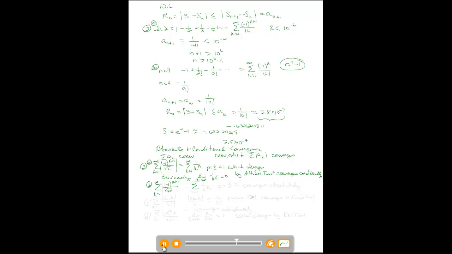Part B. Summation k equals 1 to infinity, negative 1 to the k plus 1 over the square root of k cubed. Okay, if I do the absolute value on that one, summation k equals 1 to infinity, 1 over k to the 3/2. Again, it's a p series. P is equal to 3/2, which is greater than 1.